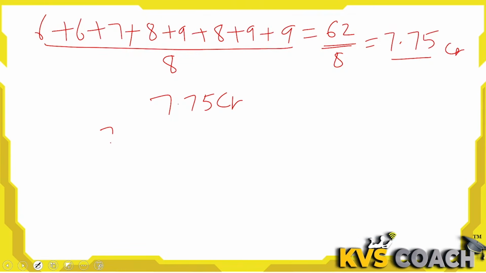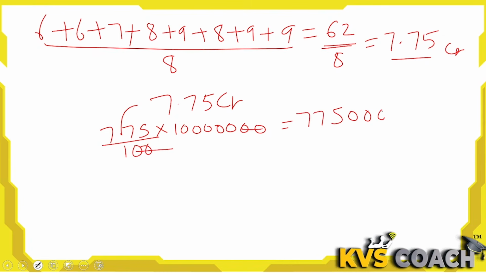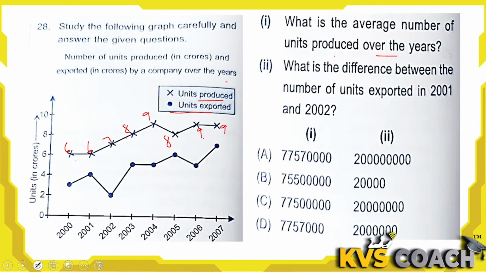There are 7 zeros. Changing the zeros into normalized form, that is 775 and 5 zeros. This is the value or first answer of the first question, the average number of units produced over the years.